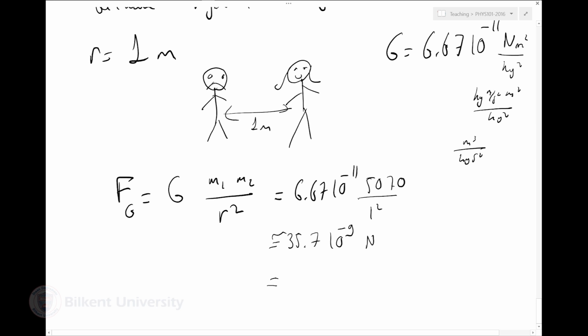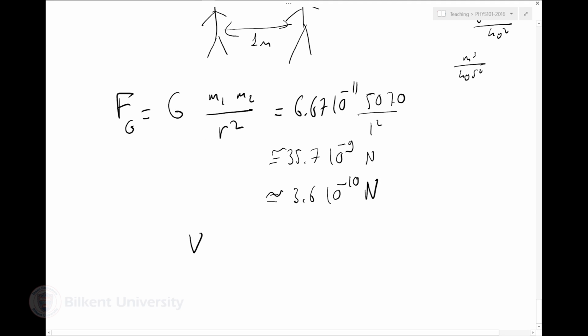So it's going to be 3.6 times 10 to the minus 10 newtons. What's the weight of Ayşe? Weight of Ayşe is mg. It's 50 times 10, around 500 newtons.